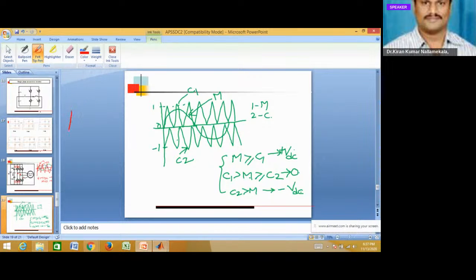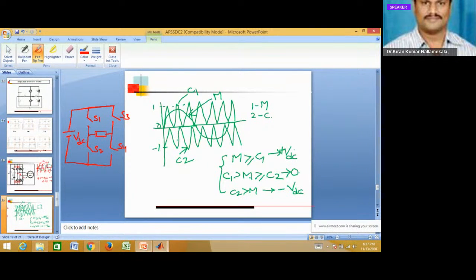So now this is the circuit, the full bridge inverter, with switches S1, S2, S3 and S4, and a load terminal. This is VDC.